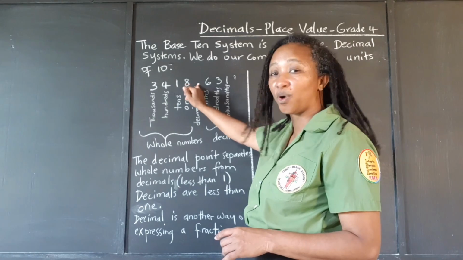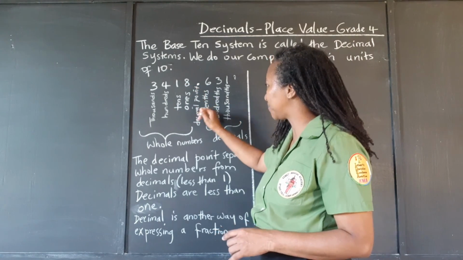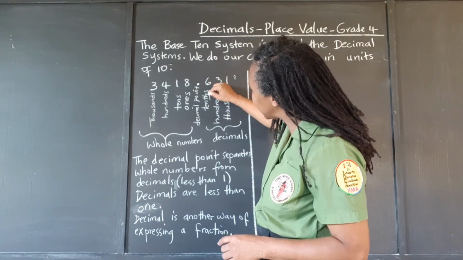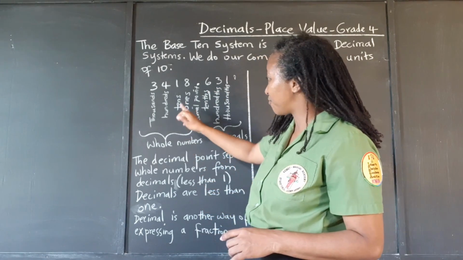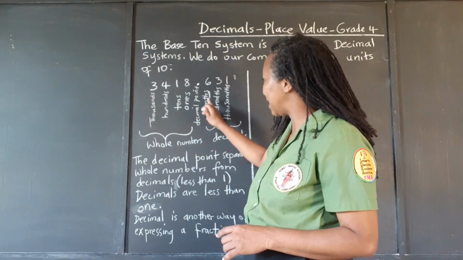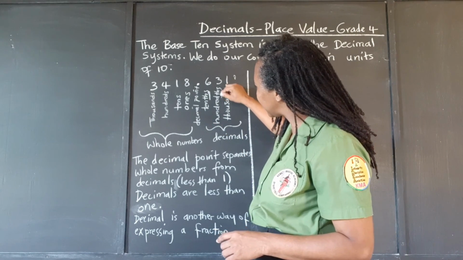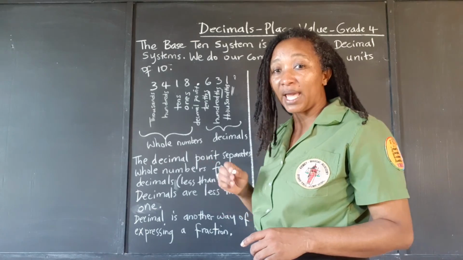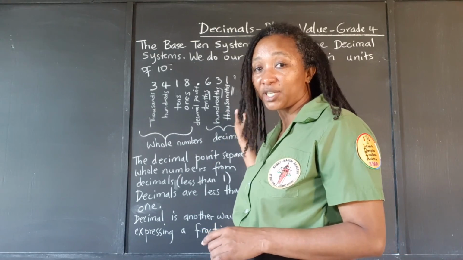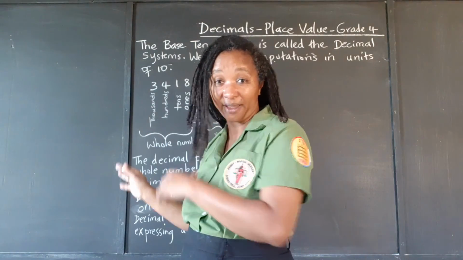After the decimal point, we have the tenths place. Now notice the "ths" at the end, different from tens, hundreds, thousands. So they end with "ths" on the decimal side, right?